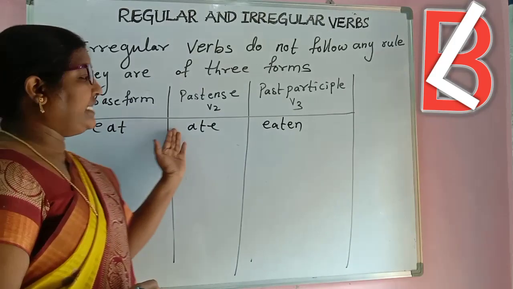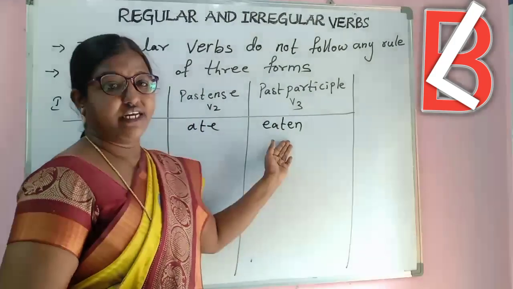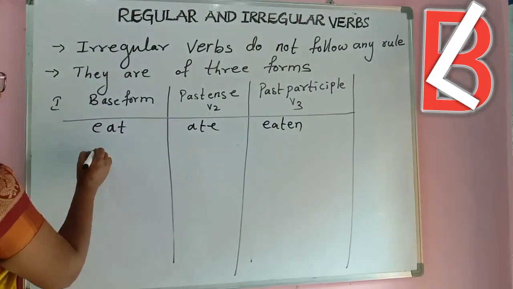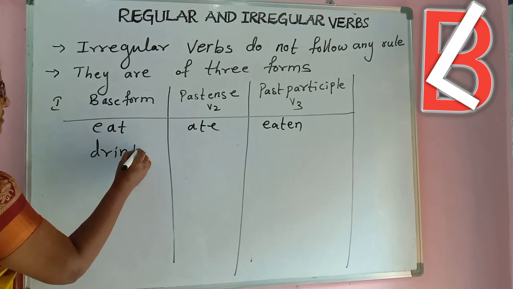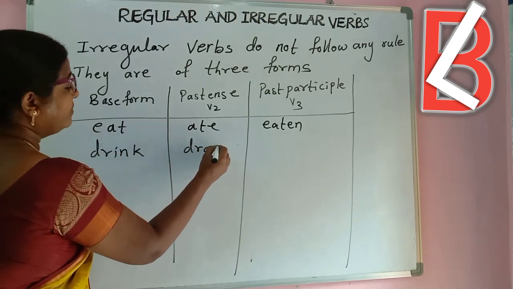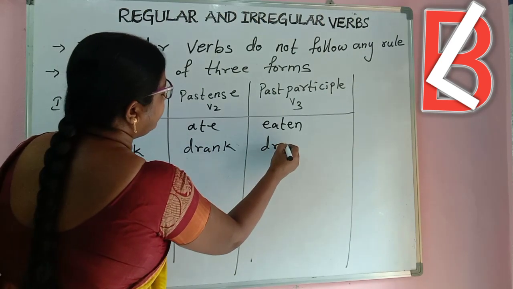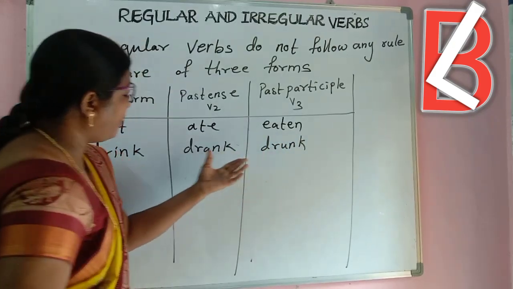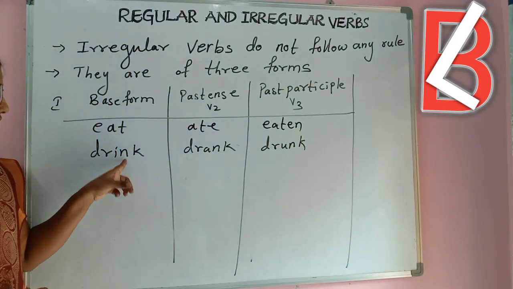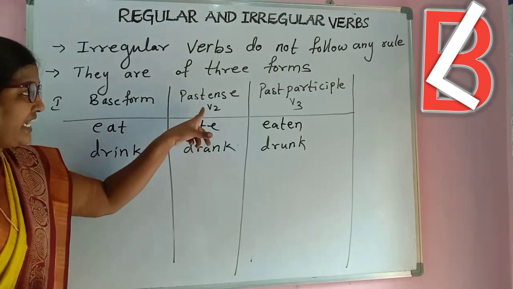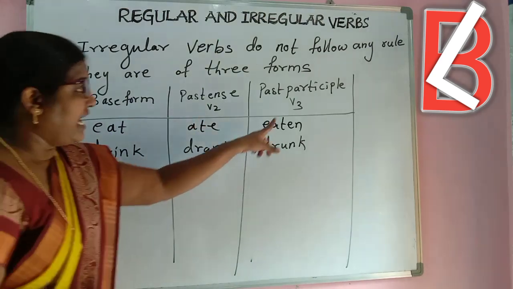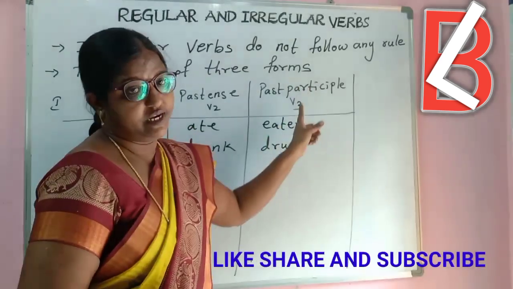Here all the three forms are different. Let us see one more example. Drink, drank, drunk. Here, all the three forms are different. Drink is the base form, drank is the V2 past tense, and drunk is the past participle.